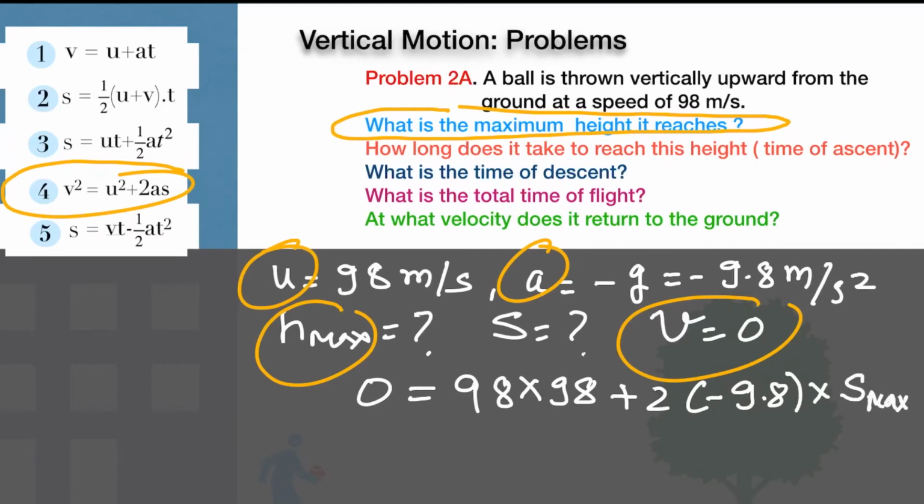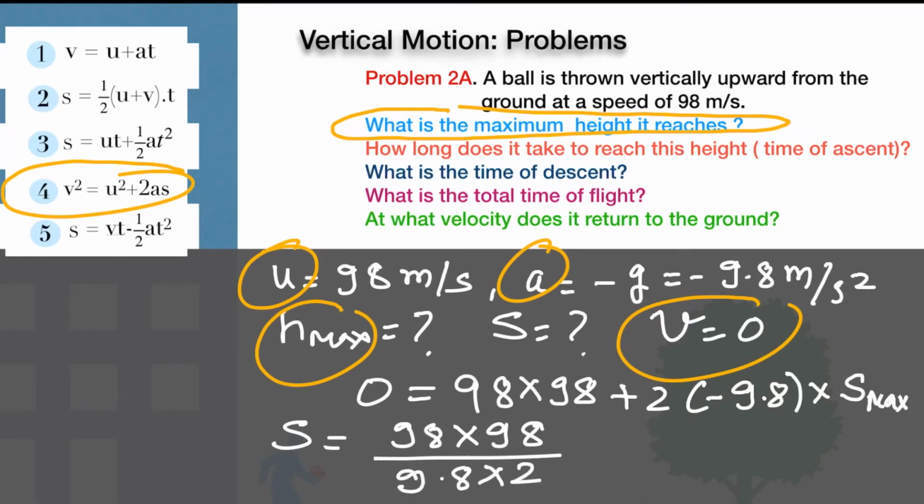So rearranging this, s will be 98 into 98 divided by 9.8 into 2, and this becomes 10, this is 49, so this becomes 490 meters, and this is a positive value. So the maximum displacement is 490 meters in the positive direction.